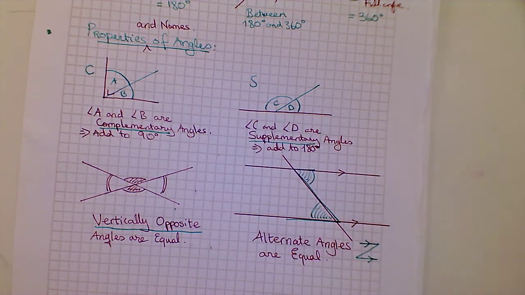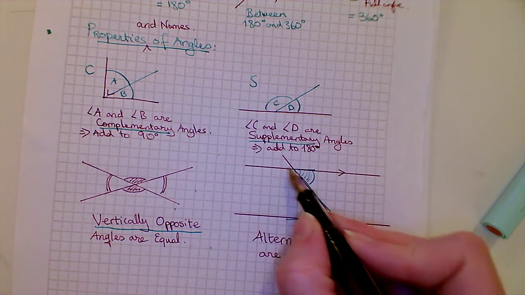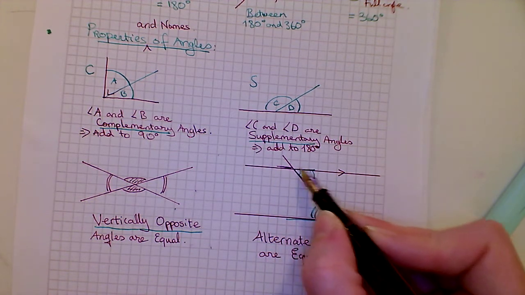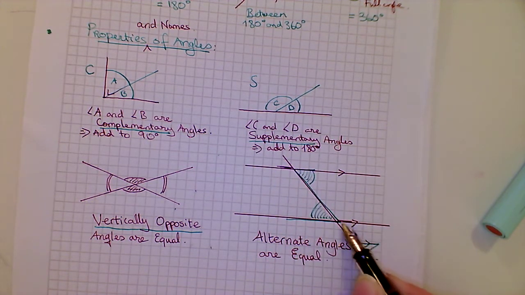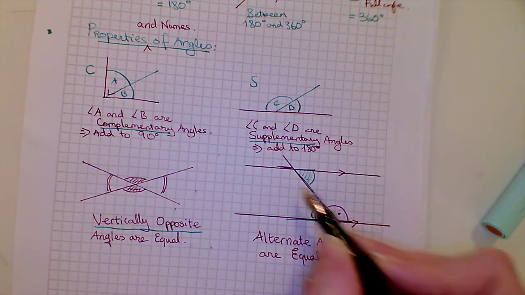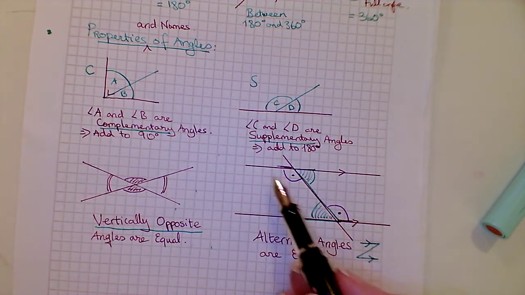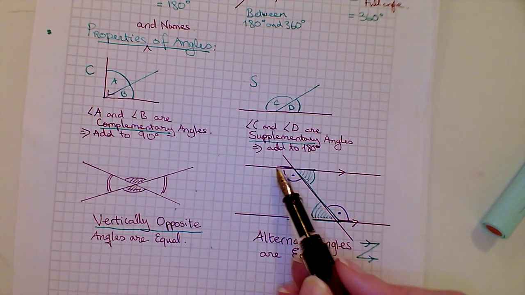Now you'll notice this is actually a backward Z, so Z and a backward Z will both give me alternate angles. So I have a Z shape. If we can see it, it's a bit stretched out. I have a Z shape here. So those guys there are also alternate angles, bit of a stretched out Z shape.